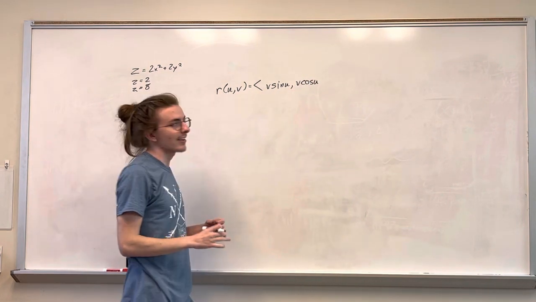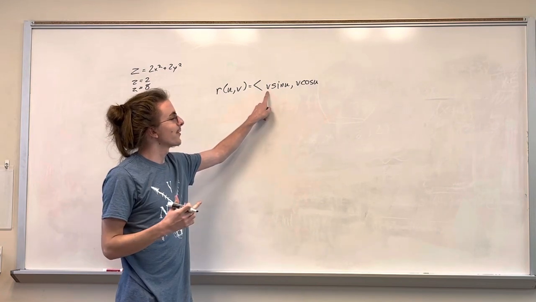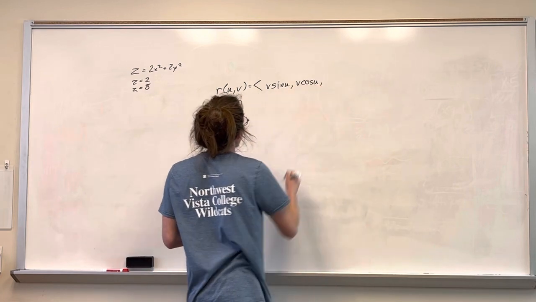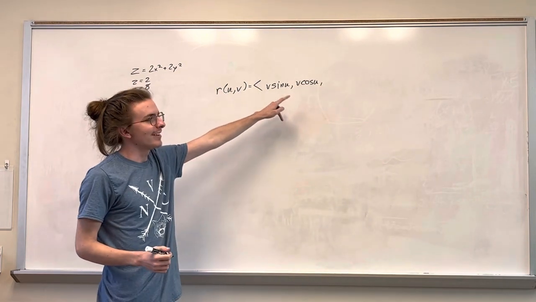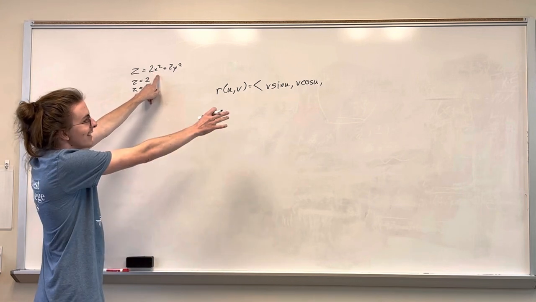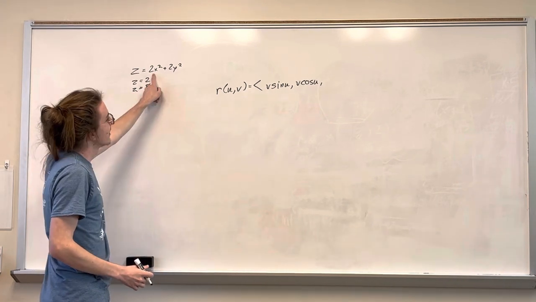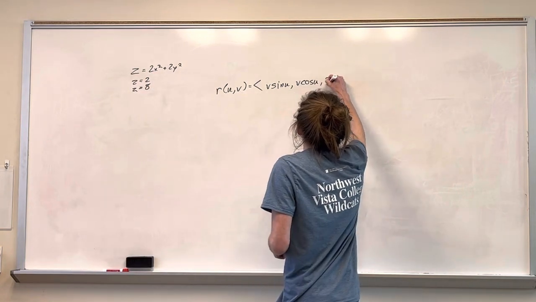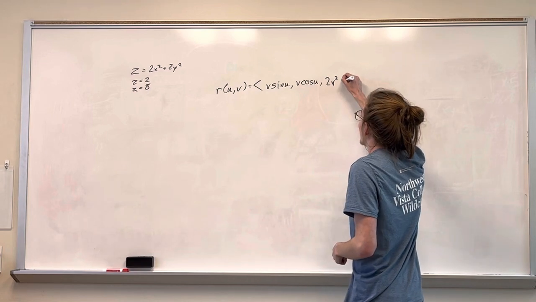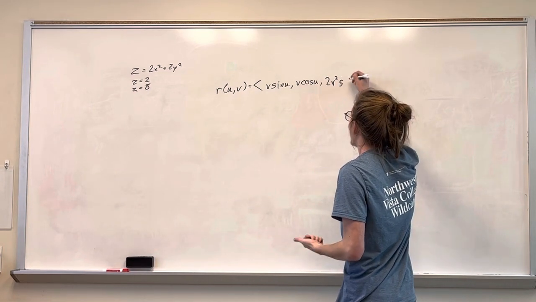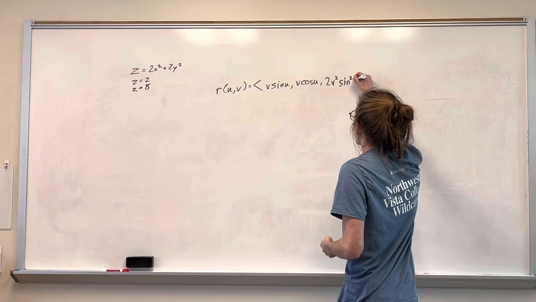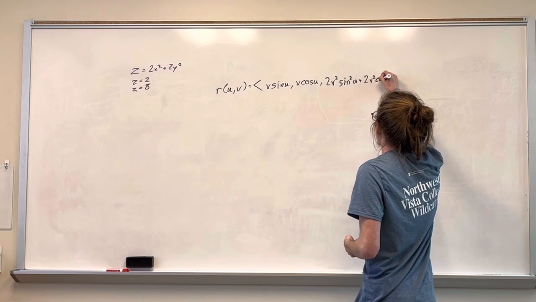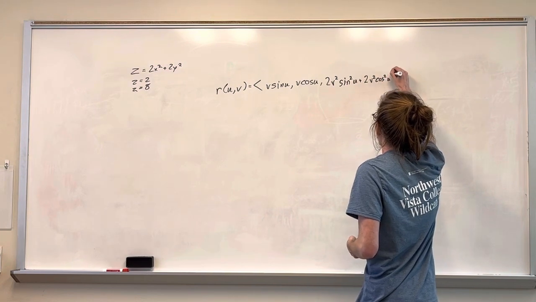The sine and cosine create the circle, while the v scales the radius. And what will the z value be? The z value is the function itself, so 2 times x squared, 2v squared sine squared u plus 2v squared cosine squared u.